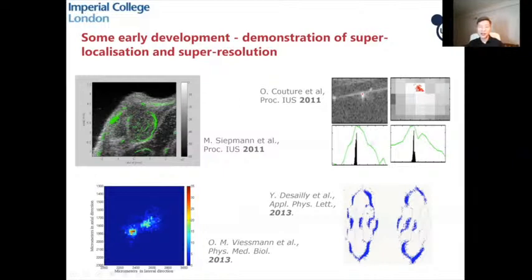These two conference proceeding papers demonstrated the super localization of the bubble signal. And then later, in 2013, these two journal papers demonstrated super resolution imaging by separating closely spaced structures.